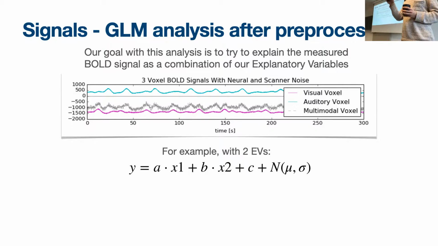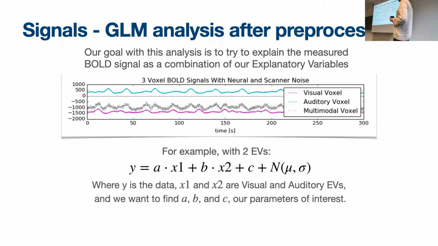Are you all with me? Yeah? So Y is the data, these are the explanatory variables, and these A, B, and C are our parameters of interest. We want to find those. Right? So we need to have a procedure to give us those numbers from data. So we have our expectations as they transpire over time. We have our data.